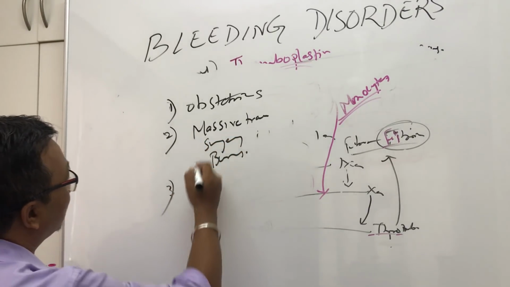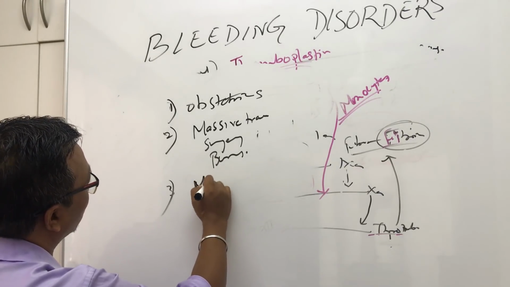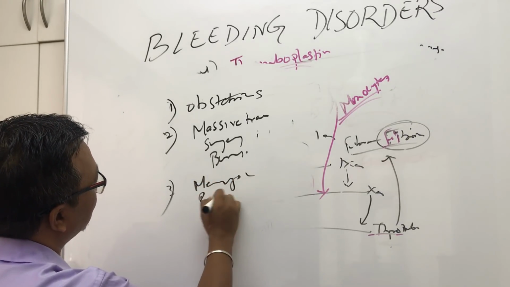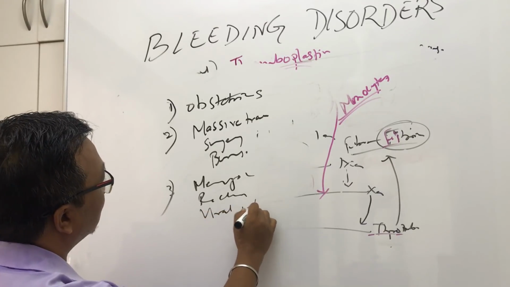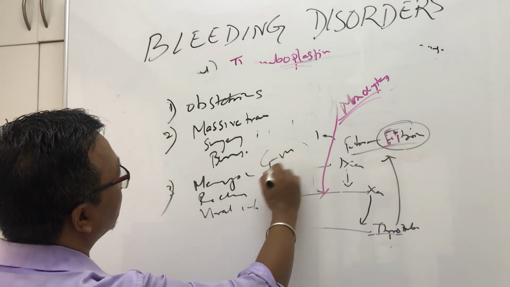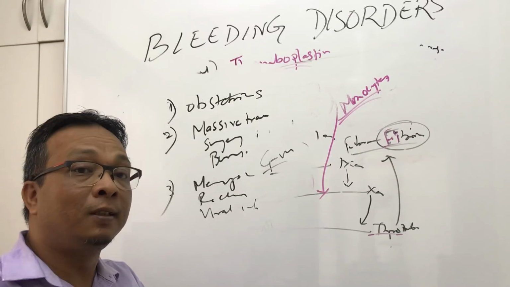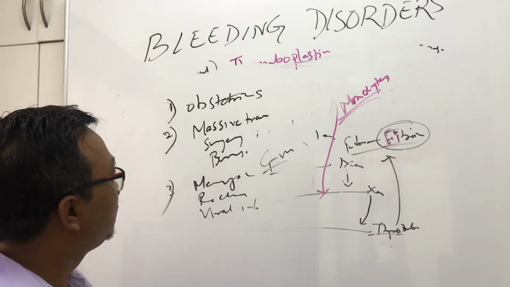Then infections like meningococcemia, rickettsia, even viral infections. Most common is gram-negative endotoxins, which are really responsible for DIC.